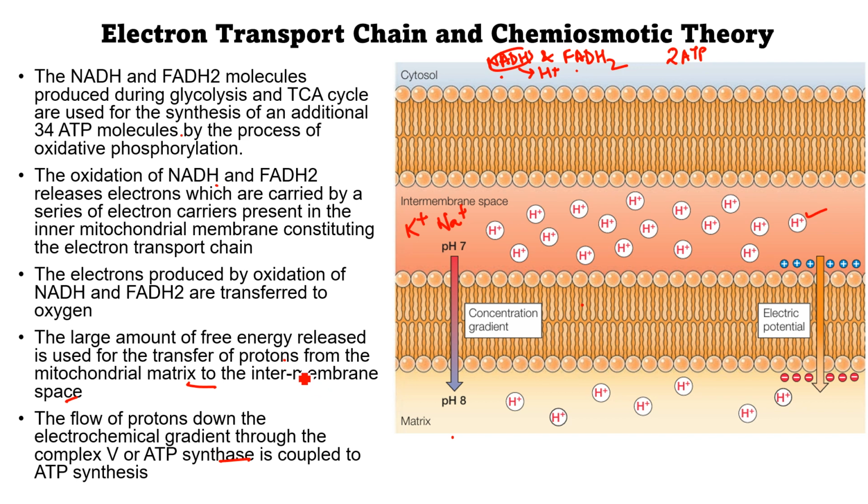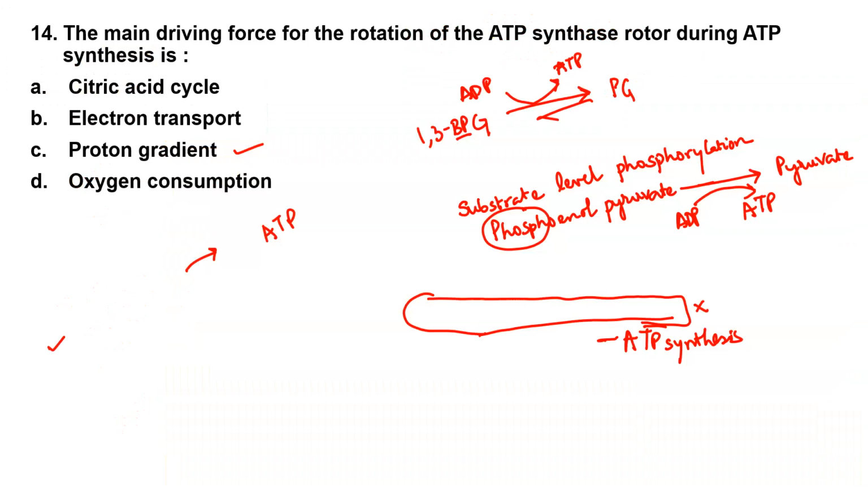For the generation of ATP, the protons have to flow down the electrochemical gradient, along the electric potential and the concentration gradient. Only then will ATP be generated. That is the basis of chemiosmotic theory.